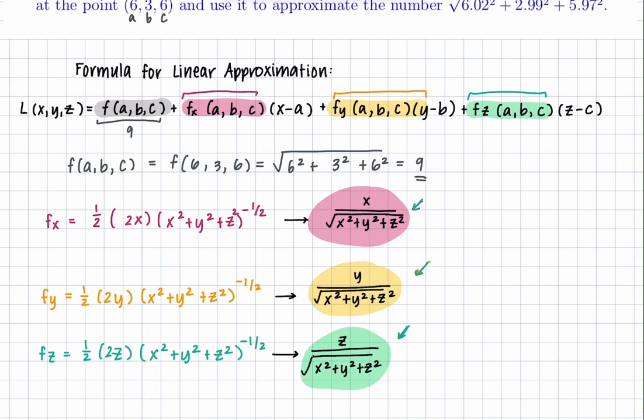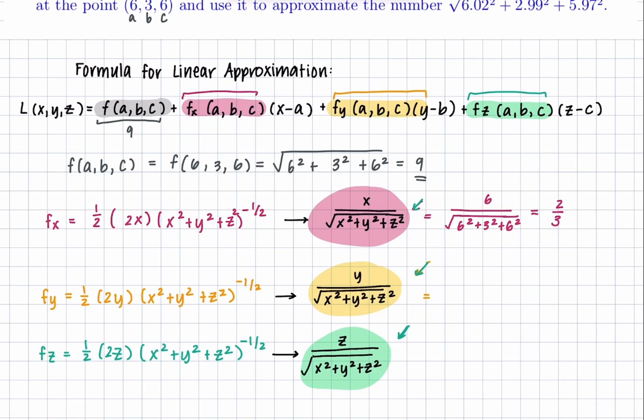So for x, I write 6 over the square root of 6 squared plus 3 squared plus 6 squared. I know this denominator is 9, so 6 divided by 9 gives me 2 over 3.